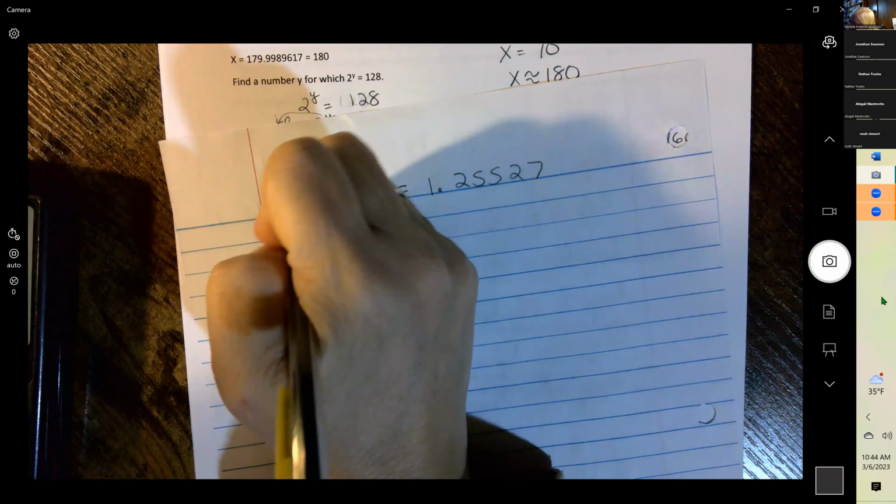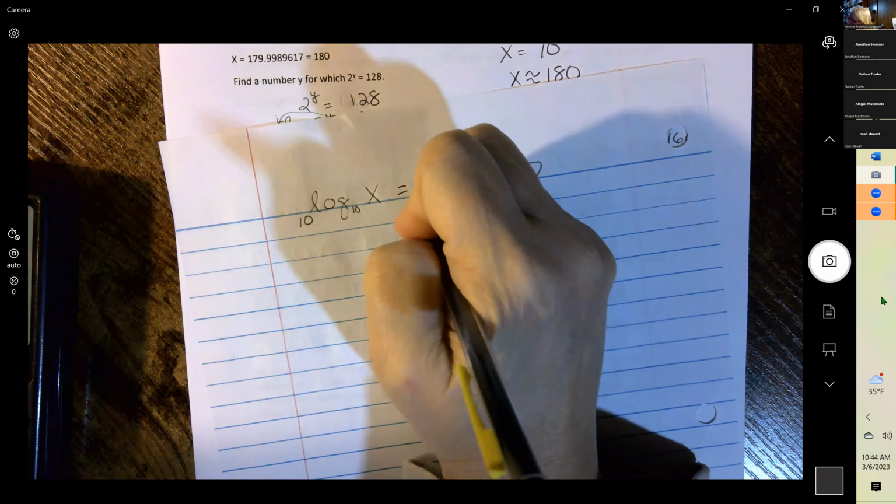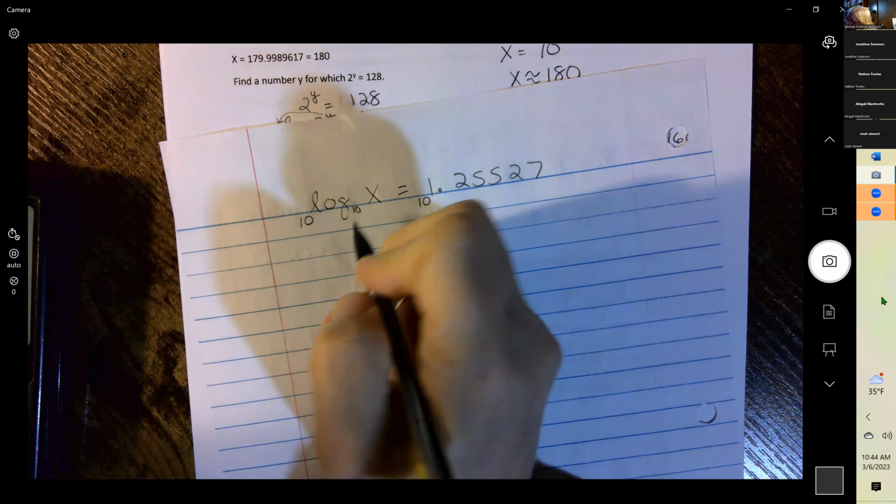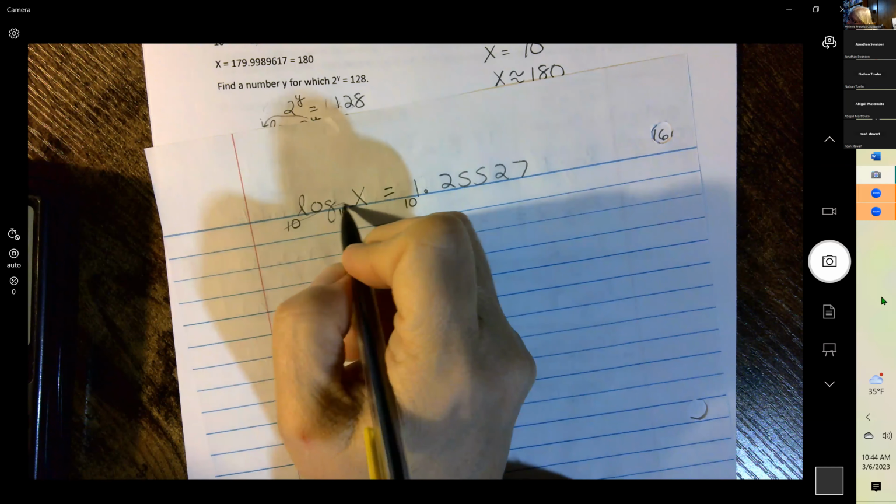Since it's base 10, we take 10 to both powers, because this is an inverse, it cancels.